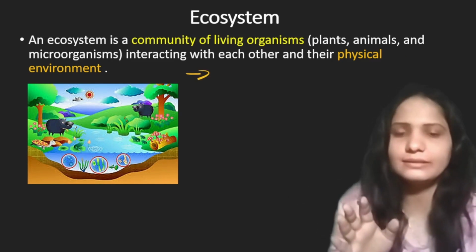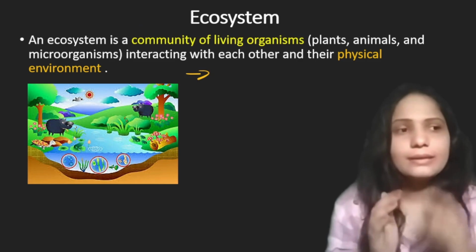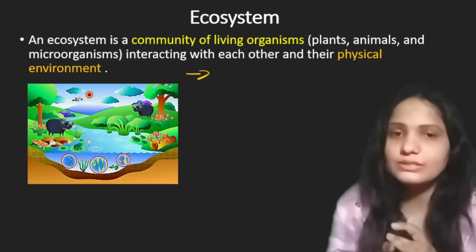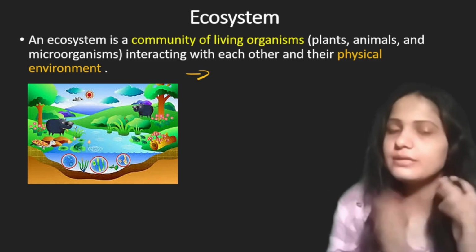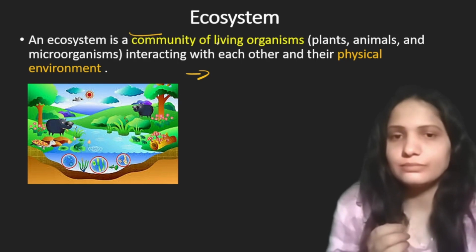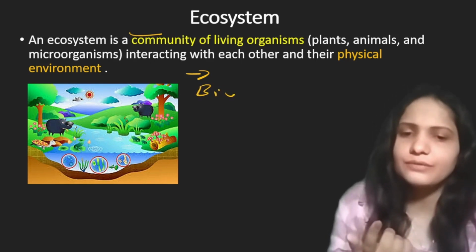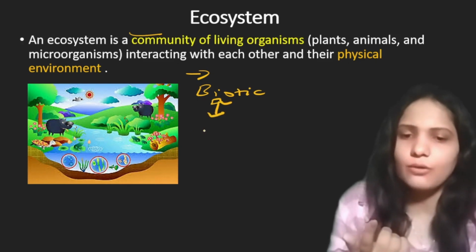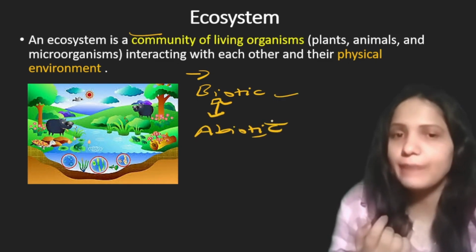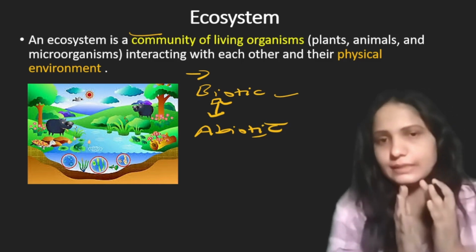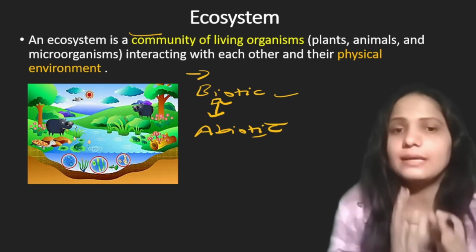We are interacting continuously. Okay, different organisms are in connection, they are interacting. An ecosystem forms when these components of environment, let's say in environment we have biotic components and we have abiotic components, interact with each other. Biotic and abiotic components will interact with each other and this forms an ecosystem.